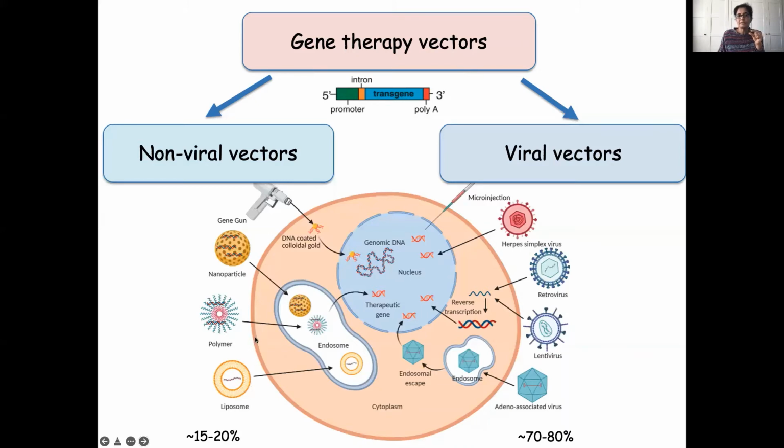Basically, we want to trick the cells to let them into the cell. Once they go into the cell, they are carrying our cargo, the gene we want to go into the cell. So that is actually hidden there. We trick the cells, and this DNA goes into the nucleus, and that's what we want. That is our aim.